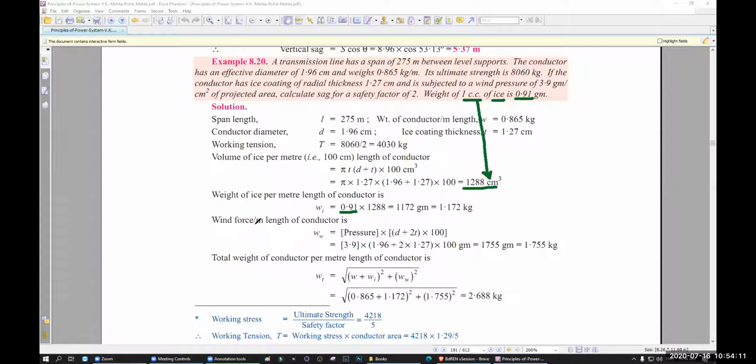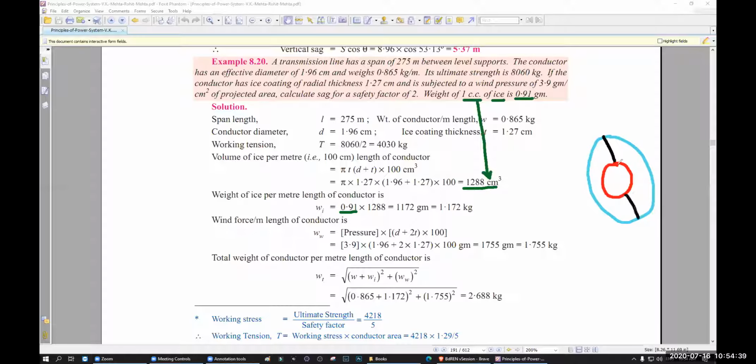Now, wind force per meter of length, Ww, is equal to pressure into D plus 2T into 100. Why? Because, again, come here. This is your conductor. This is the ice, right? Now, see this. This is 1T.